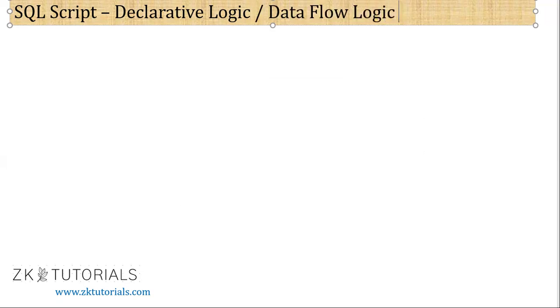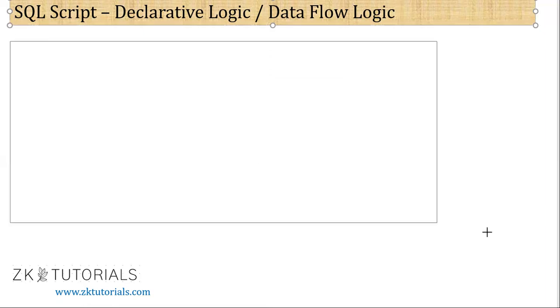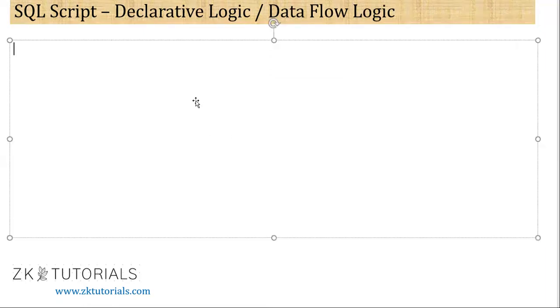Now let's start with the declarative logic, or what we call data flow logic. On this left hand side, you will find this code gets converted to a data flow graph.